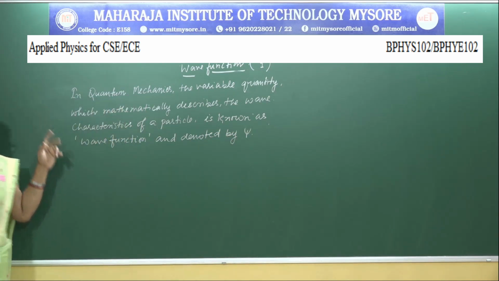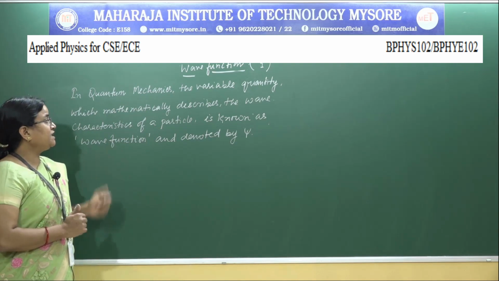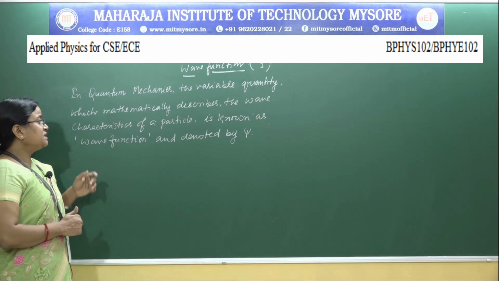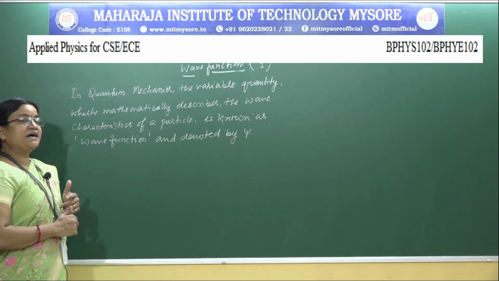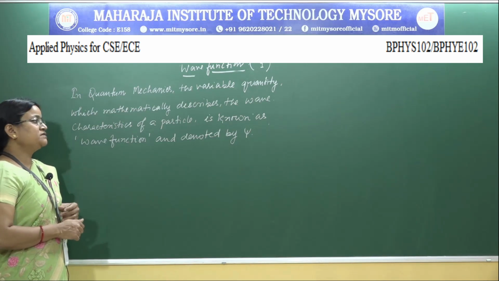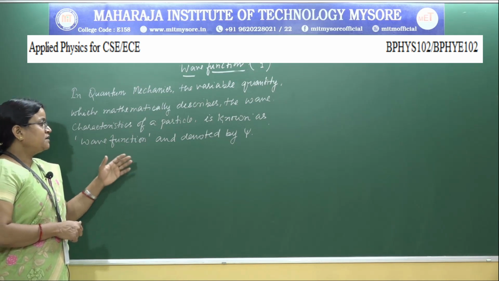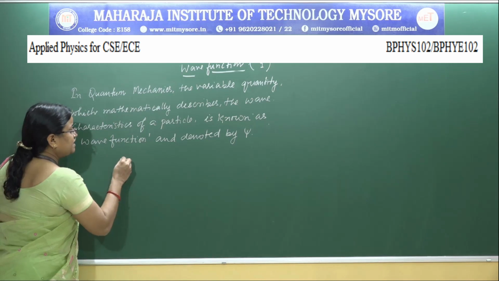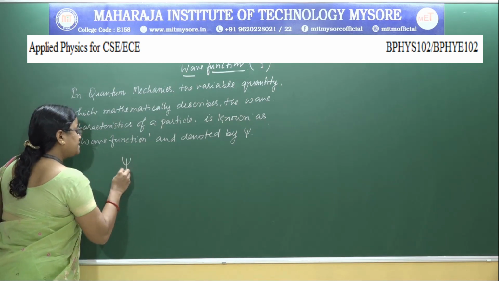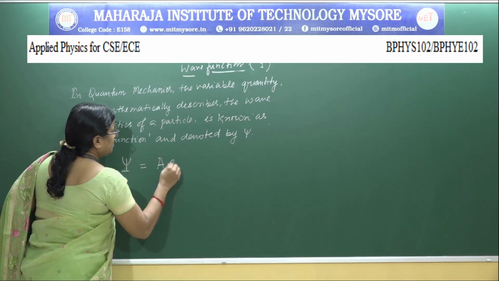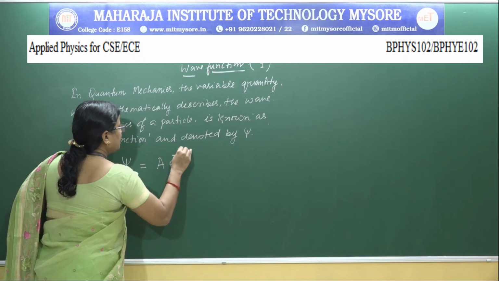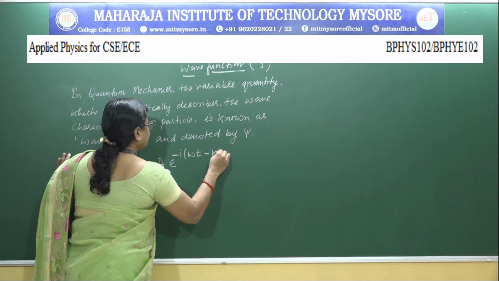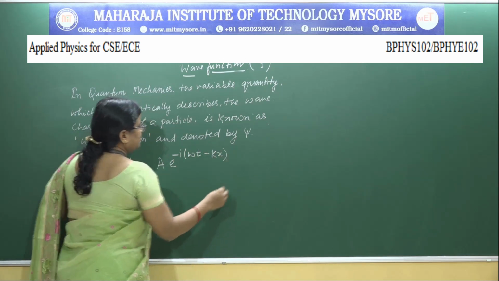So, in quantum mechanics, the variable quantity which mathematically describes the wave characteristics of a particle is known as wave function and is denoted by psi. And the mathematical function is psi equals a exponential of minus i (omega t minus kx).